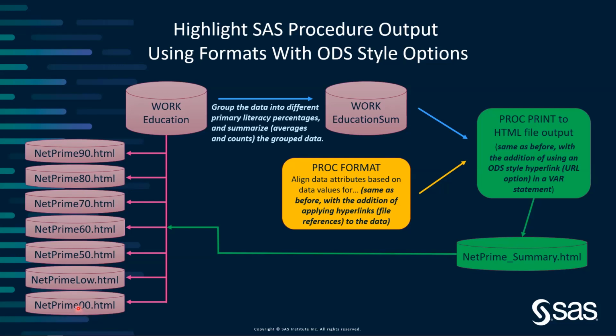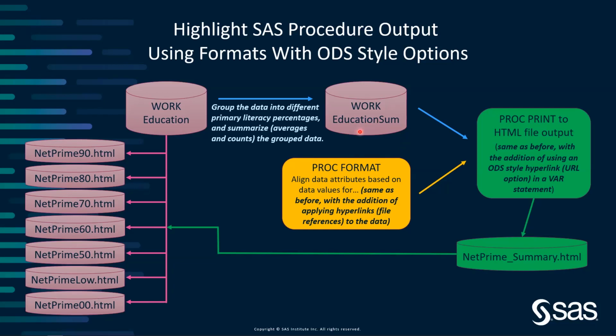And so I'm going to simply use ODS HTML statements instead of ODS Excel or ODS PDF to generate this set of files. And we'll look at that after I generate them. Now, taking work.education, I'm also going to massage that data and create a second data set called work.education_sum.